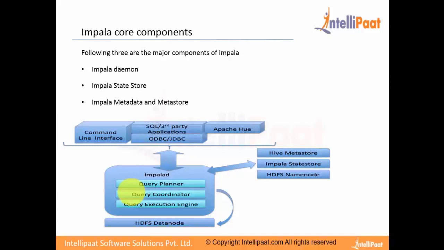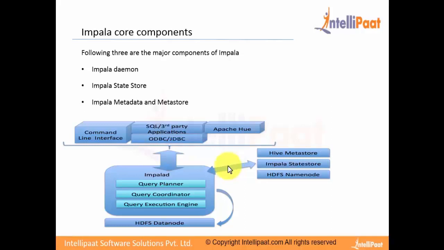In the diagram you can see that I have the HDFS data node, which is the storage layer, and on top of it, I have this Impala D, which is the Impala daemon, the query planner, the query coordinator, and the query execution engine on top of this HDFS node where the data is stored.